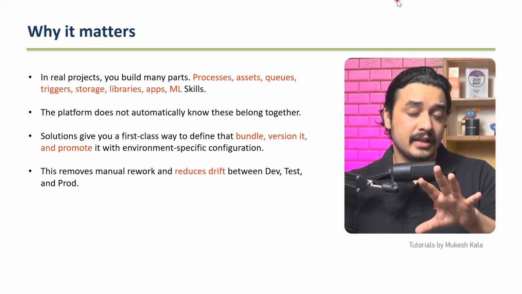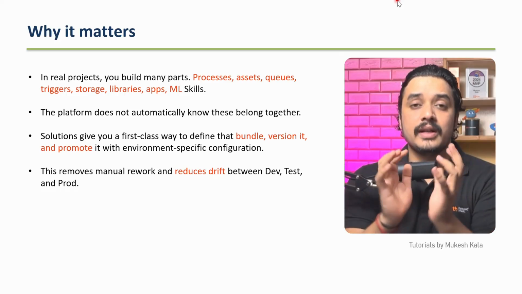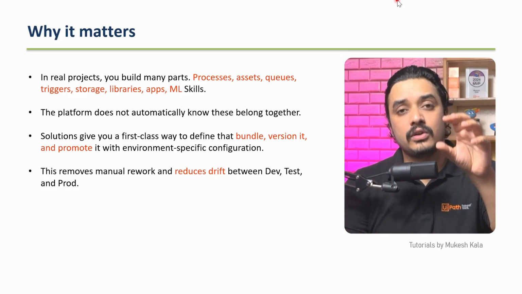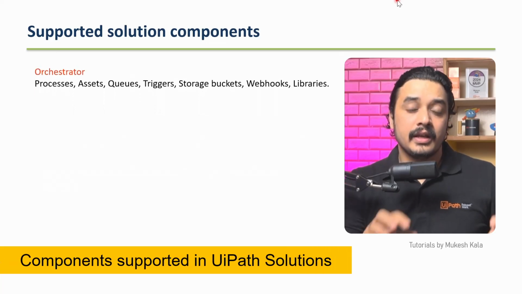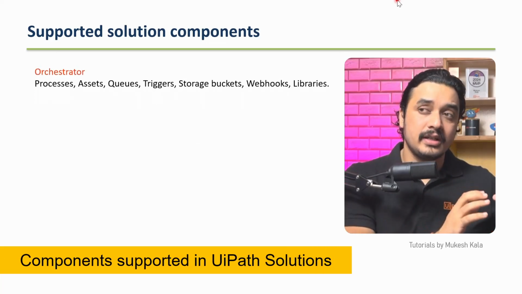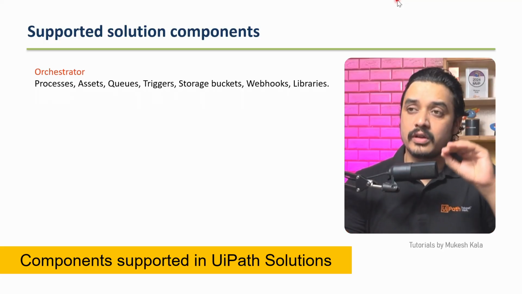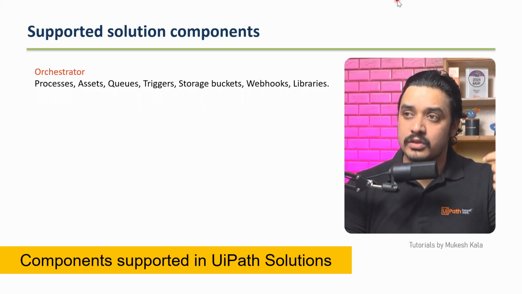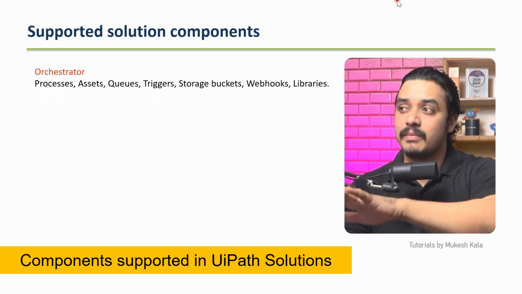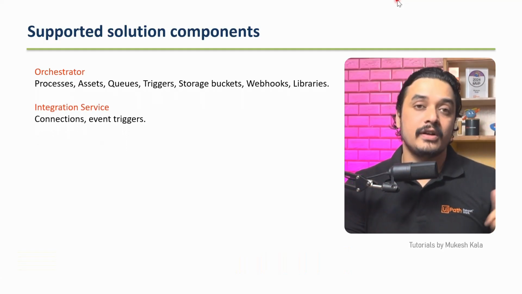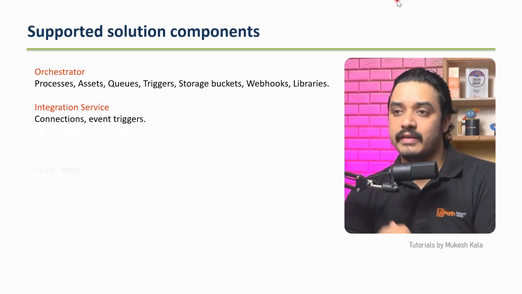The next thing is, you might have a question: Mukesh, what all can I put into that bundle, or what all can I put into that solution? The answer is this. If I take Orchestrator as one component, this would be the category and subcategory. From Orchestrator, you can put process, assets, queues, triggers, storage buckets, webhooks, libraries. If I talk about Integration Services, you can put connections and the event triggers.